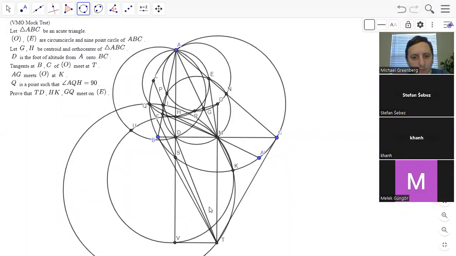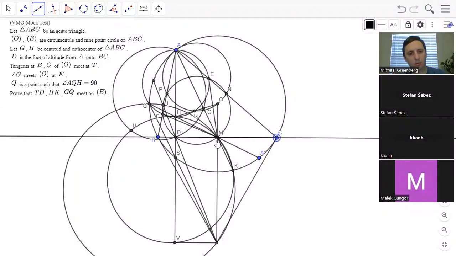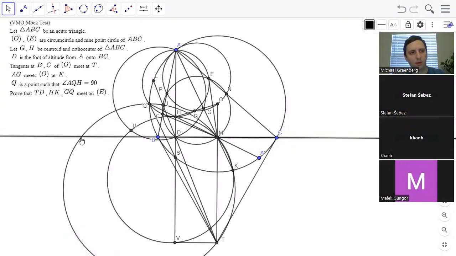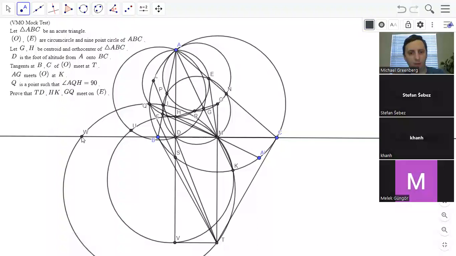So this would be a diameter of it, or TW would be a diameter.